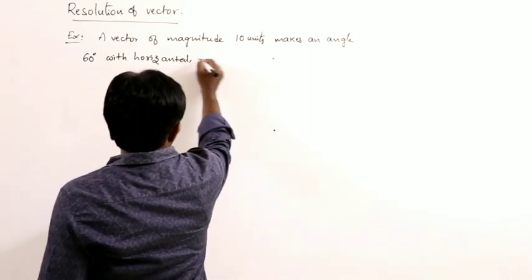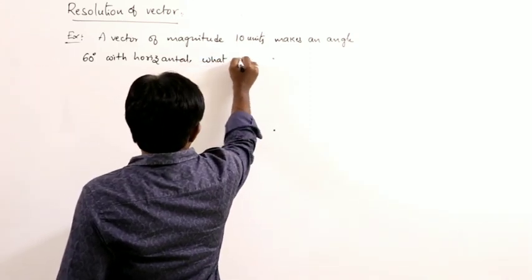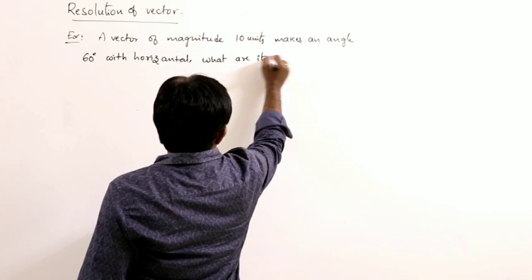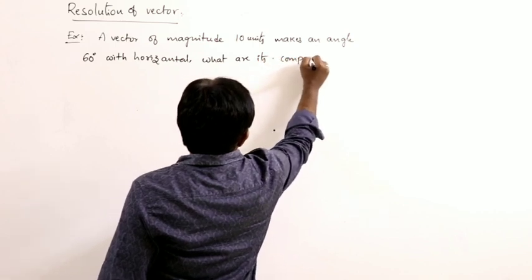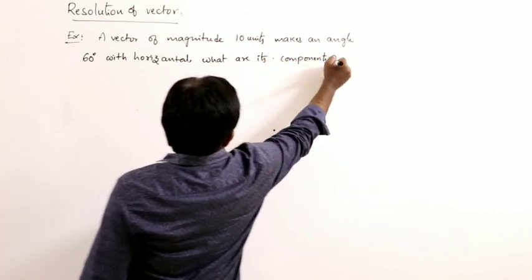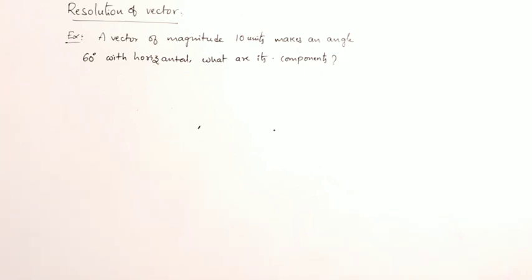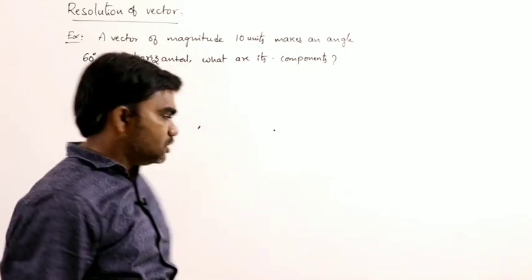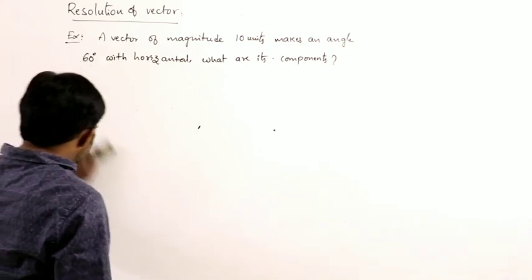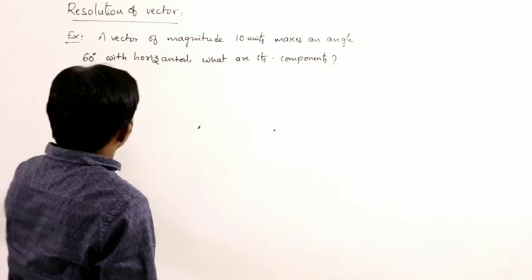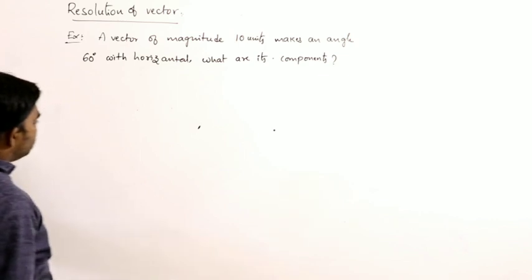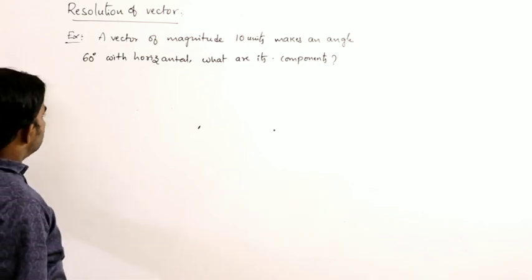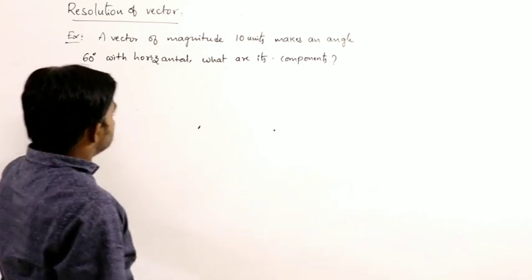What are its components? What are the components of the vector of 10 units? That is what we have to calculate. Nothing else is mentioned, only this is the question. A vector of magnitude 10 units makes an angle 60 degrees with horizontal.